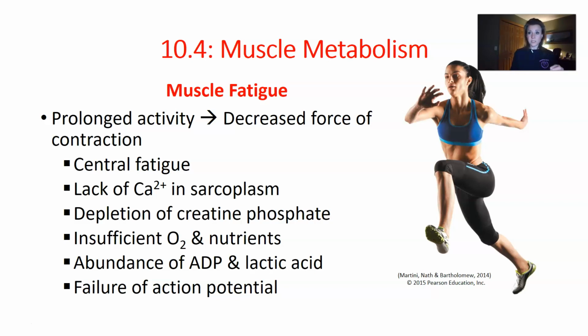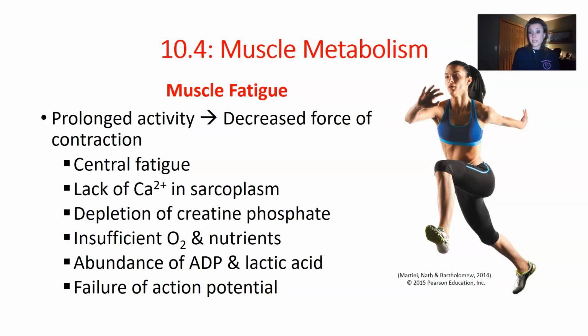But muscle fatigue that's happening by changes within the muscle cells include a lack of calcium ions that are found in the sarcoplasm. Also, a depletion of creatine phosphate that's found in the muscle cells, or maybe the person doesn't have enough oxygen, or they've depleted their nutrient sources.